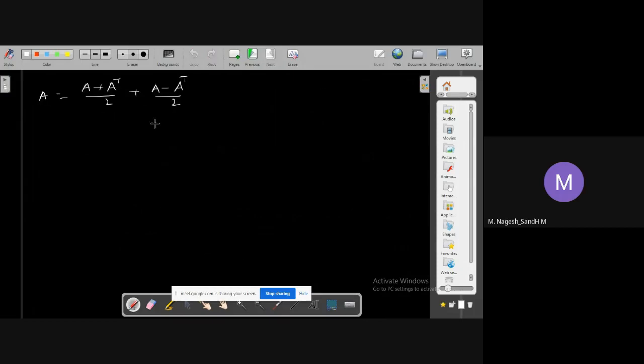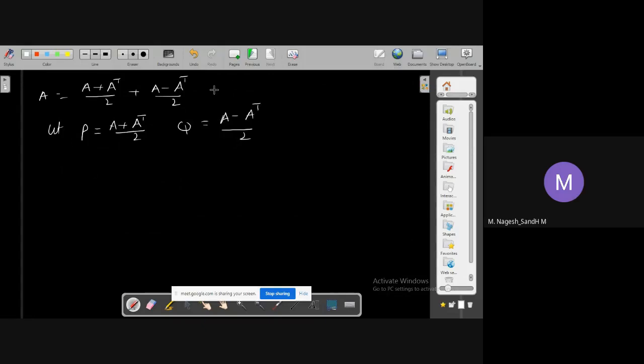So now we got this one. Let here we do one thing. Let P is equal to A plus A transpose by 2, and Q is equal to A minus A transpose by 2.